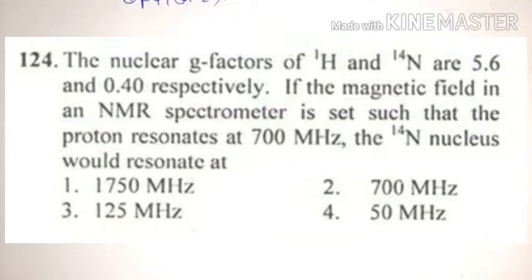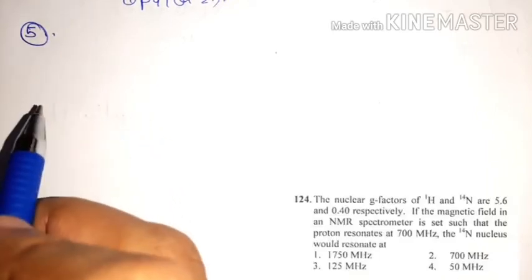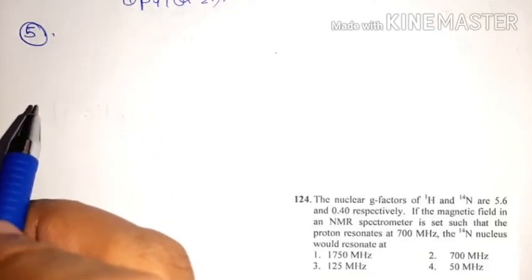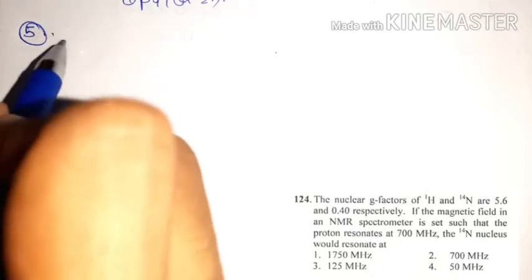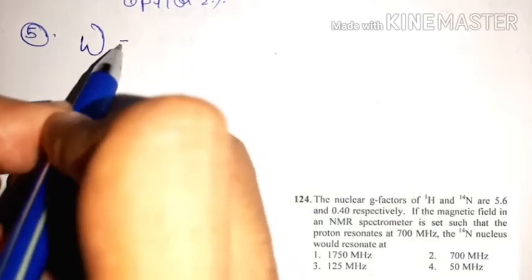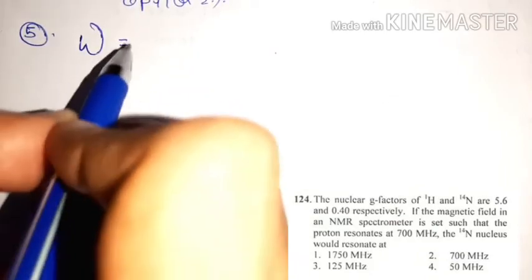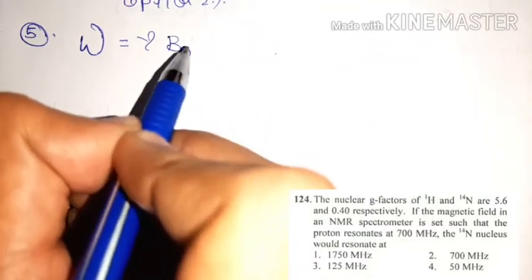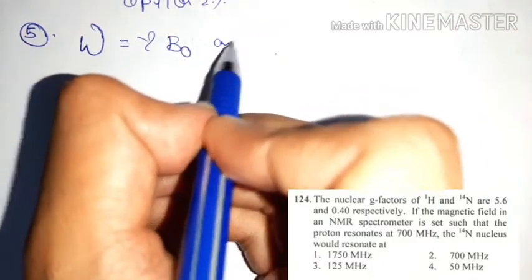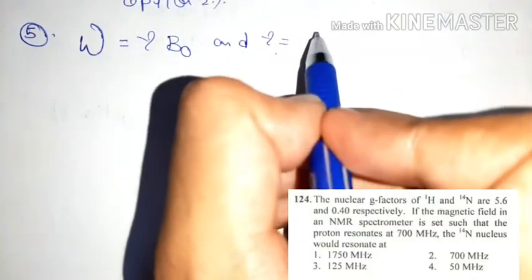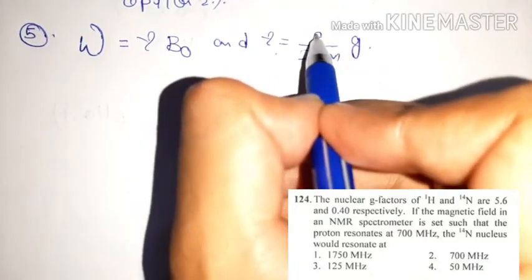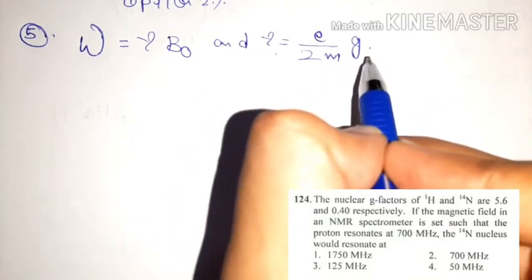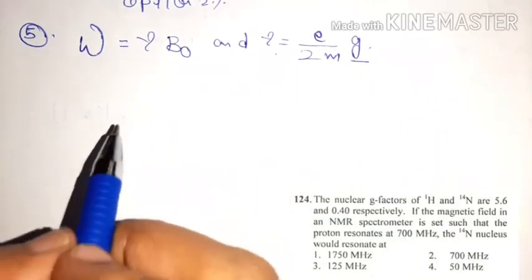Let's do the solution of this question. First of all, we must find the relationship between the nuclear G factor and the resonating frequency. For this we have a clear formula: omega, which is your resonating frequency, is equal to gamma B naught, and gamma is equal to e by 2m into G. Here e is the charge of electron, m is mass, and G is the nuclear G factor.